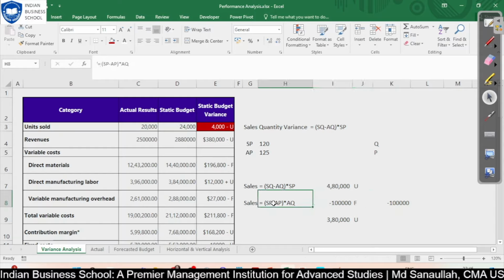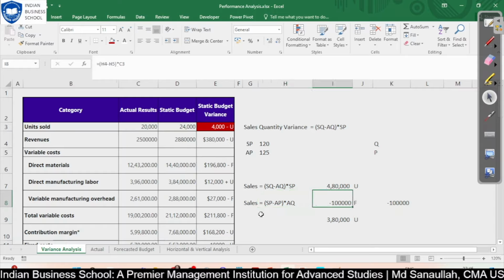You have to think about what the formula is. The selling price is less than our actual price, so obviously we have a benefit because we sold at a higher price. So we charged a higher price, and you multiply by the number of quantity sold, so you will get the amount. That amount will always be favorable.